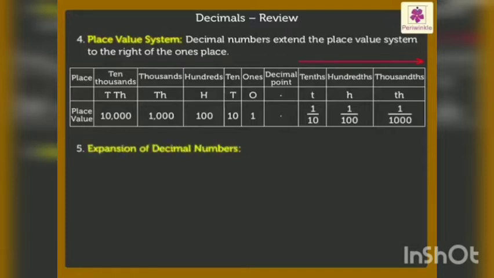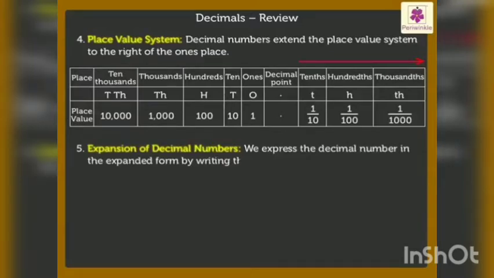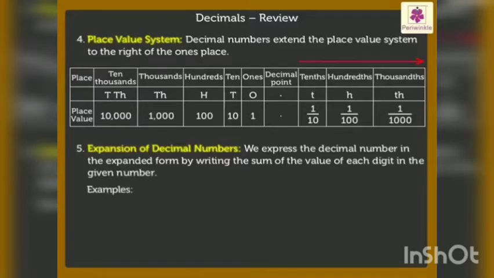Expansion of decimal numbers. We already know that we express the decimal number in the expanded form by writing the sum of the value of each digit in the given number. The expanded form of 1514.862 is 1000 plus 500 plus 10 plus 4 plus 0.8 plus 0.06 plus 0.002.